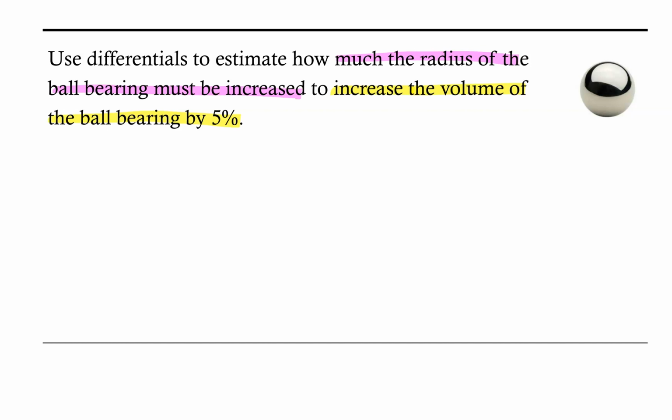So we're trying to estimate how much the radius of the ball bearing must be increased, and notice that we are measuring the increase in volume as a percent. So we will want to measure the increase of the radius of the ball bearing as a percent.